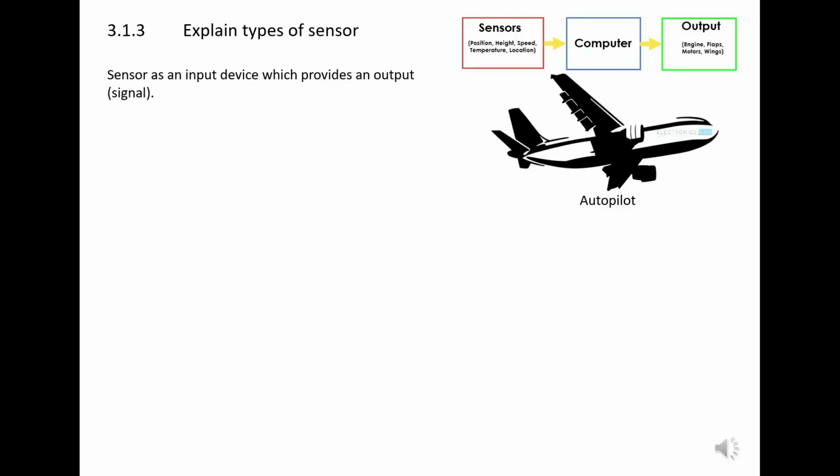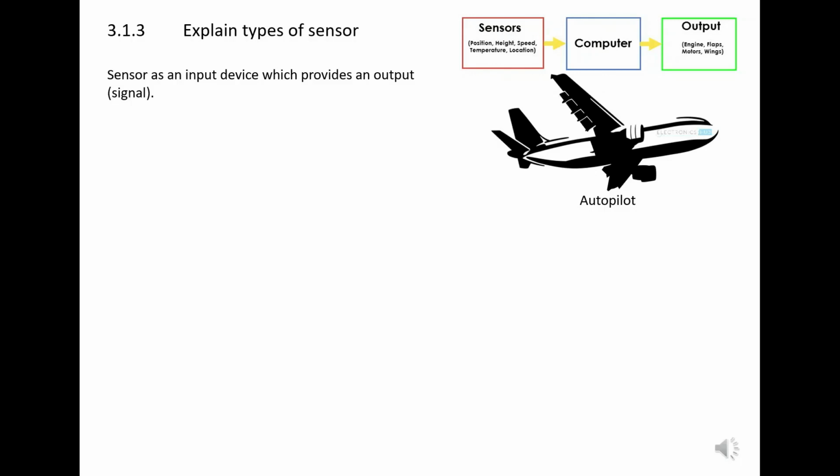Yang bagi arahan kawalan ini adalah komputer. Komputer pula dia nak bagi arahan, mesti ada input. Dari mana datangnya input tu? Input diberikan pada komputer dari sensor, penderia. Dalam bahasa Melayu, sensor adalah penderia.